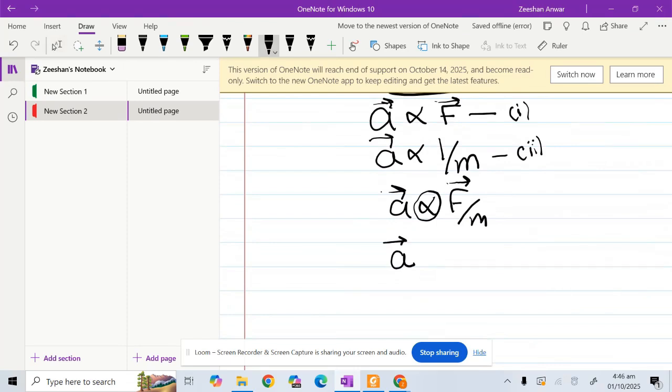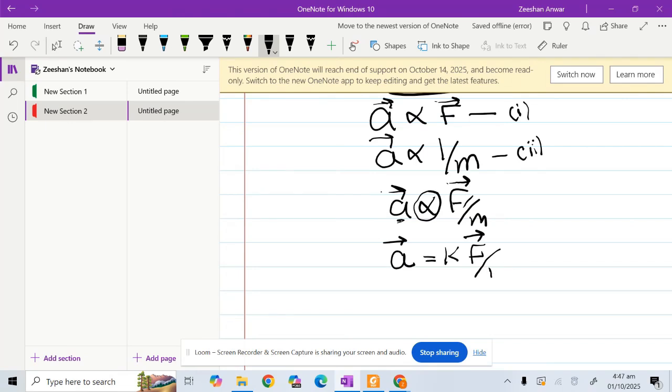That is because these both quantities are vectors in nature, meaning that they both require magnitude and direction for their full explanation. So by removing this proportionality sign and using equals, we have to use a constant of proportionality as per the rules of mathematics.